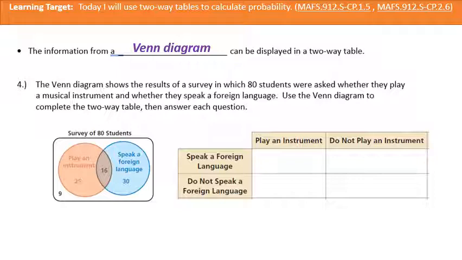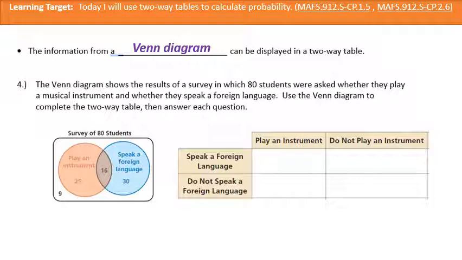It's the same information, okay? So let's look at it together, and I'm going to show you how to fill this out. So that is one skill you might need, to look at a Venn diagram and be able to go from a Venn diagram to a two-way table. Because once it's in the two-way table, you saw it's pretty straightforward in finding your probability.